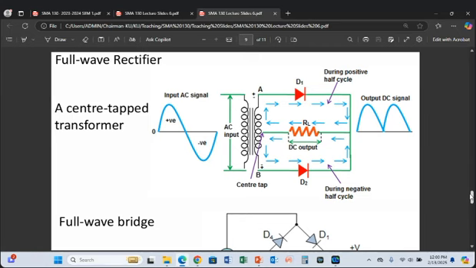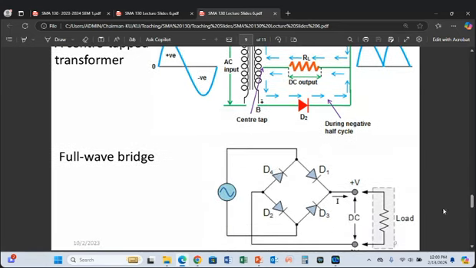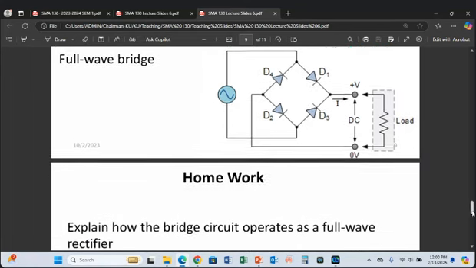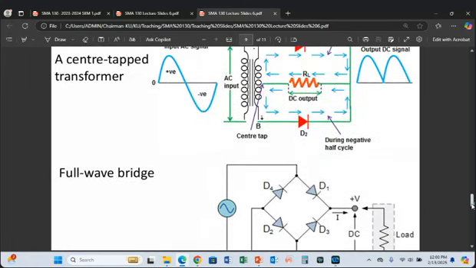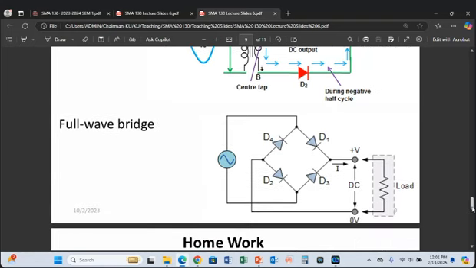For a single diode, we only allow one half of the voltage to pass through. That's why we call it full wave. We can use 2 diodes, but the most practical rectifier consists of four diodes, what we call a bridge rectifier.